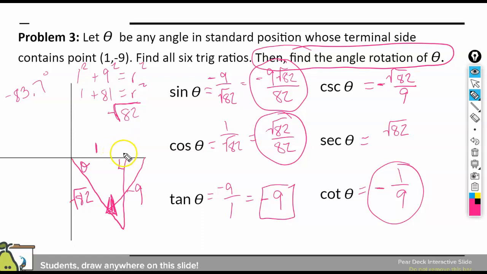And so I would then have to say, well, if I want to know what the positive angle is for that, I would have to do 360 minus that, which would be 276.3 degrees. And so this would be the positive angle of rotation for that terminal side. This would be the negative angle of rotation for that terminal side.